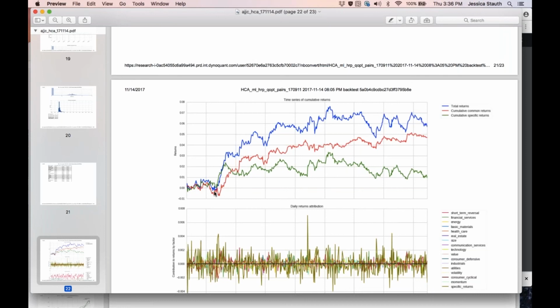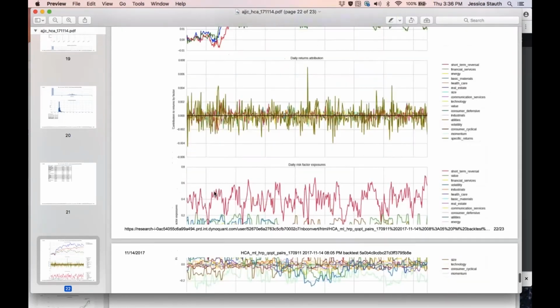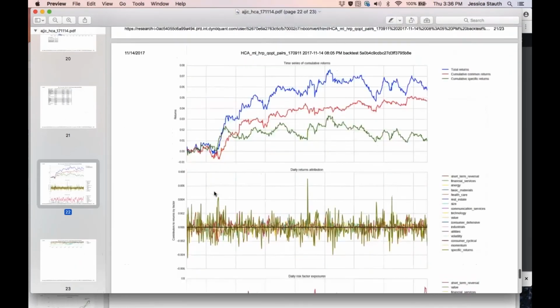Okay, and then let's look, we can see this in the equity curve. The thing that struck me was the specific returns in green: this is like January to April, and you've got one time period where you get a really nice bump in returns across the board, and also in specific returns. And then you can see why the Sharpe is so low.